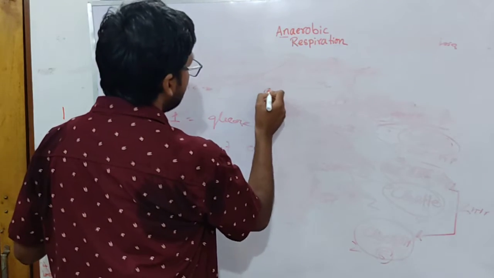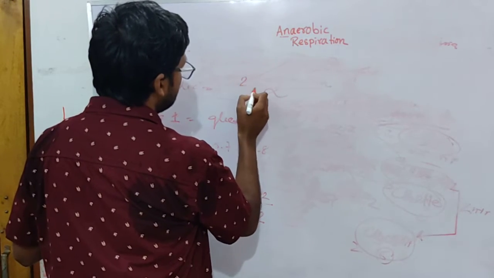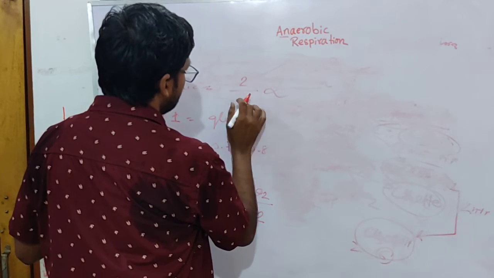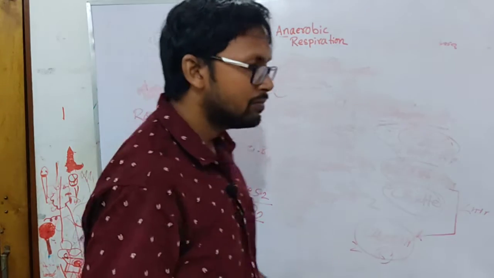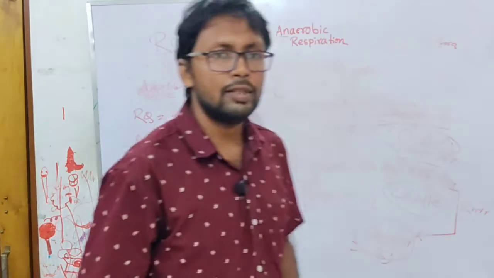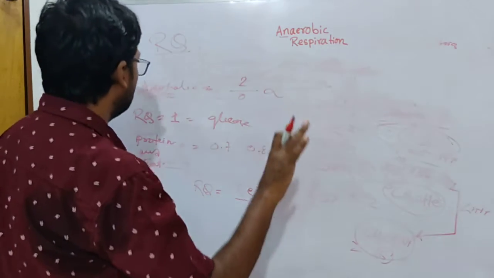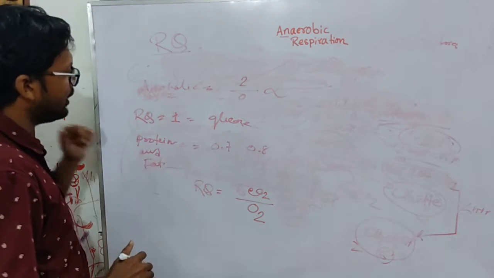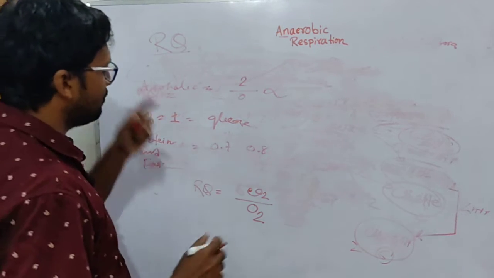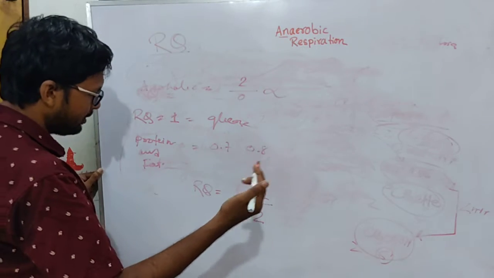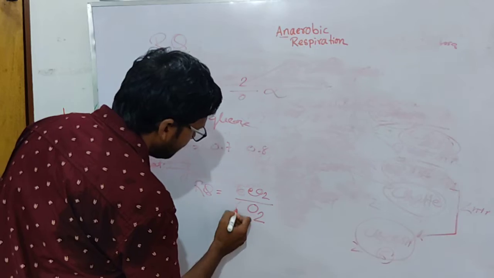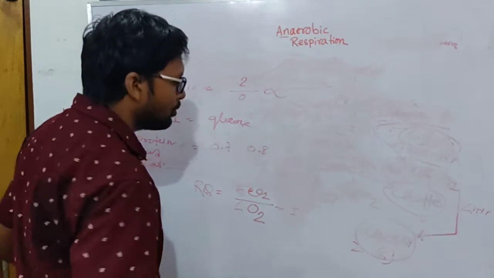So it is infinity, that is carbon dioxide molecules produced, oxygen molecule 0. So it is infinity. It is huge amount. And in case of glucose, that is 6 CO2 and 6 oxygen, it is equal to 1. In case of glucose it is 1.